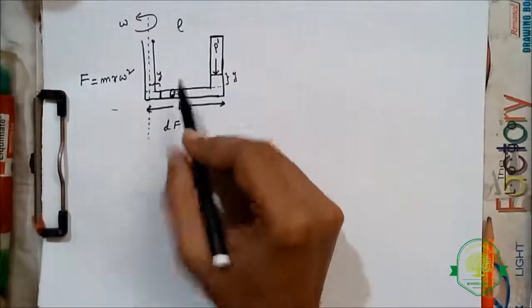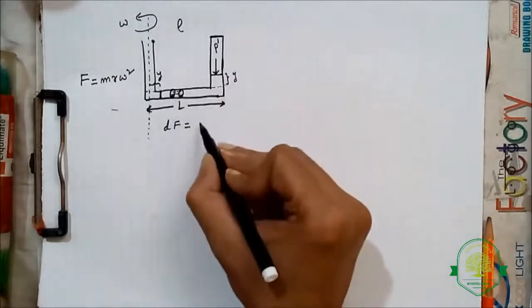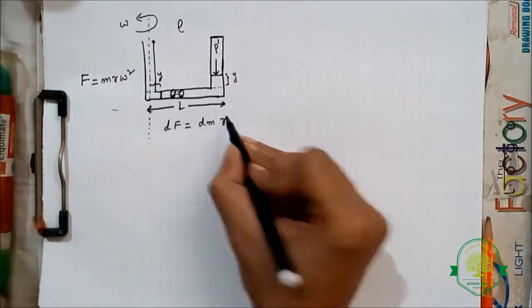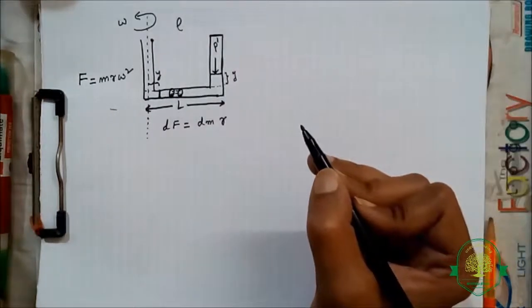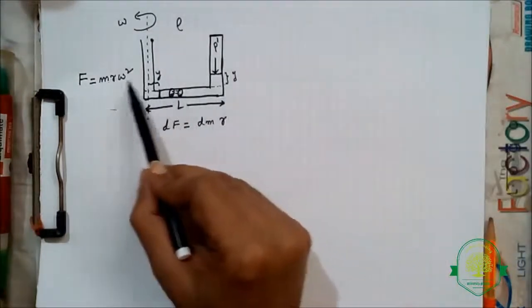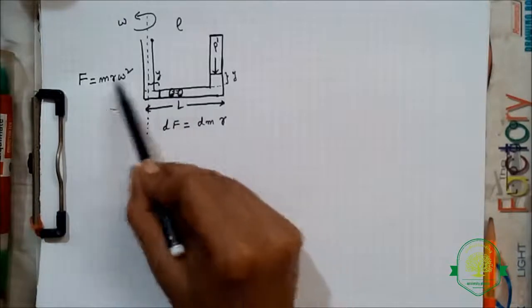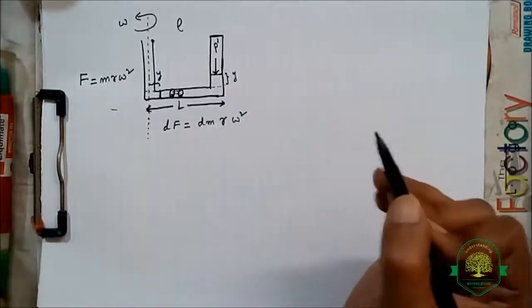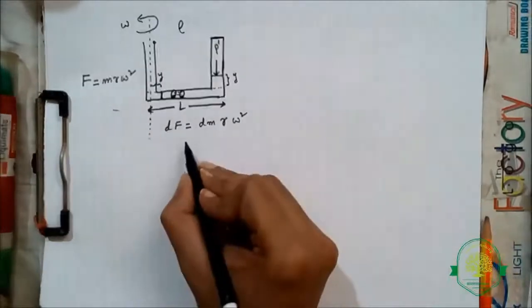So the centrifugal force on this element will be dm times r, r being the radius of the circle along which the infinitesimally small element rotates, times omega squared, omega being the angular velocity.